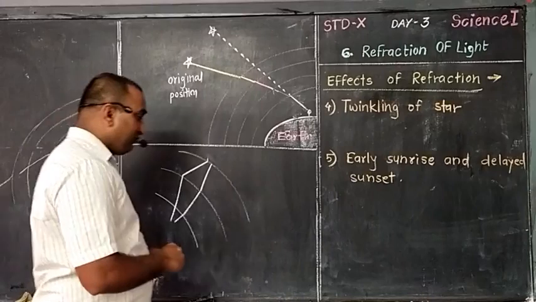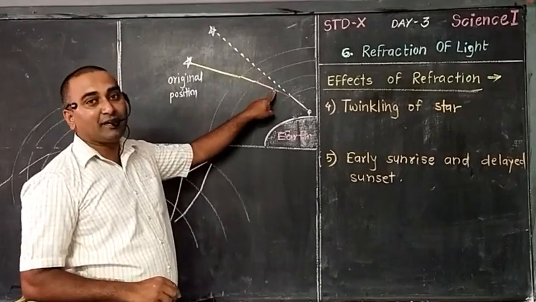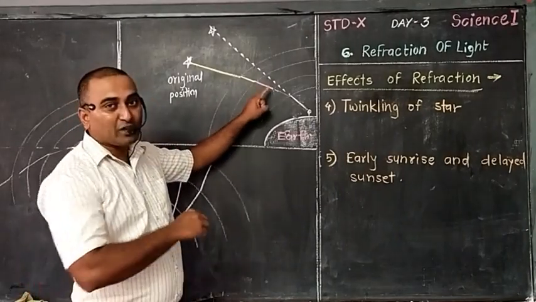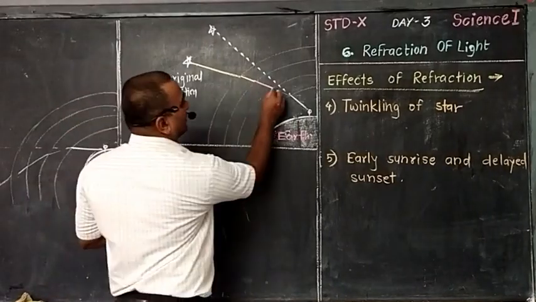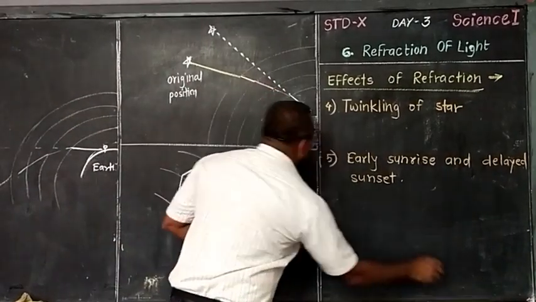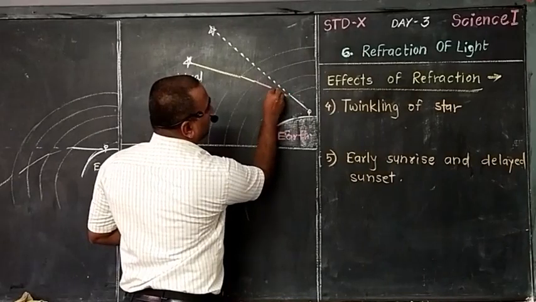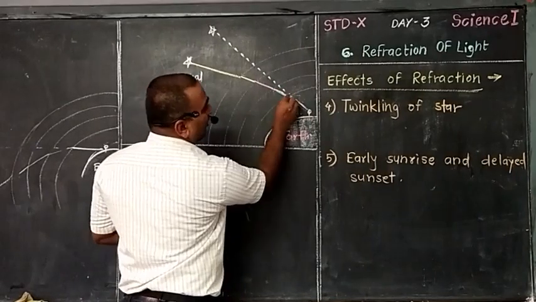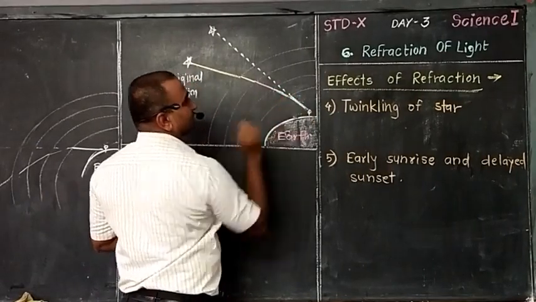Again, the third medium starts, and the ray again moves towards the normal. Like this, by little bending, lastly the observer gets that light.